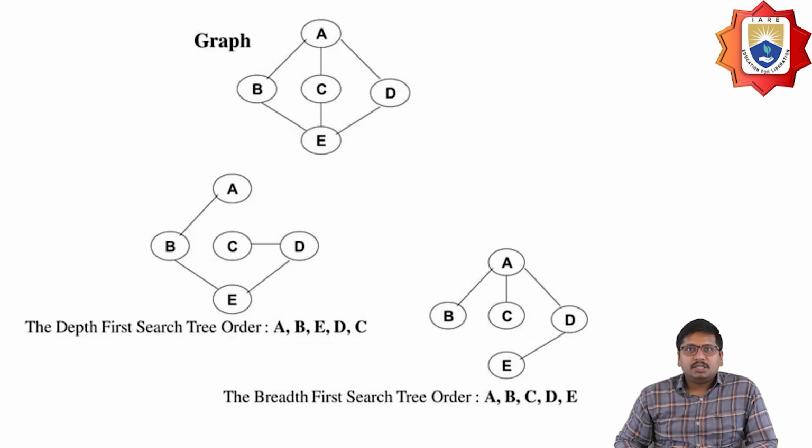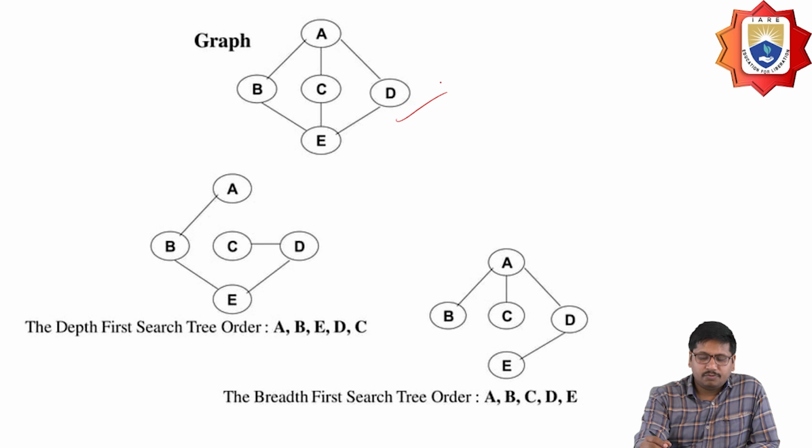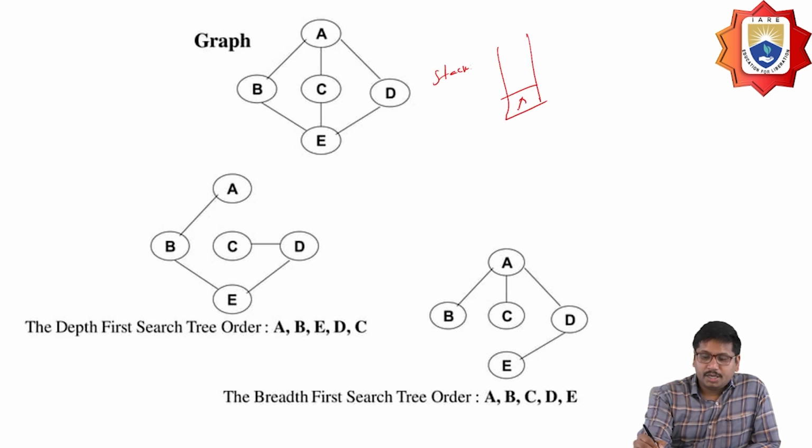So let us consider an example here. How are we going to construct the BFS and DFS? This is the real-time graph. For this one, the DFS is going to be found out using the stack data structure. Initially, I'm going to take A, and A should be popped out. What are the vertices adjacent to A? B and D. So B should be pushed onto the stack.